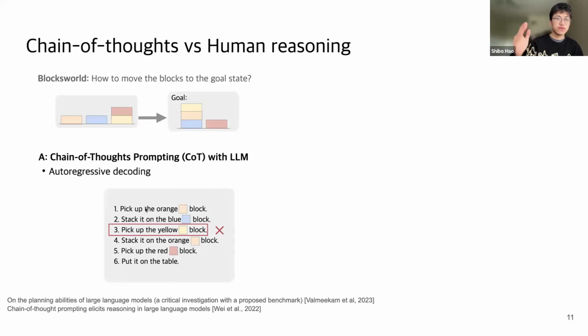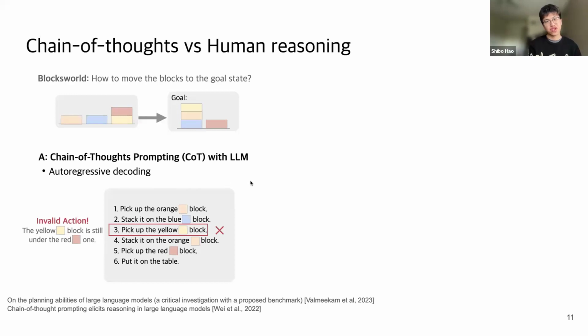However, if you look into the details, you will find the third step is actually invalid because the yellow block is still under the red block at that step. So this action is not legal in this environment.